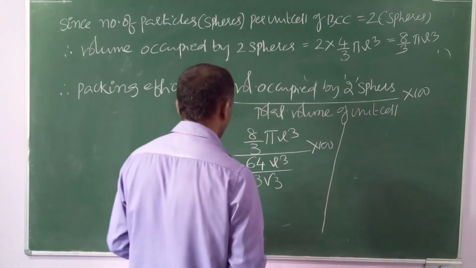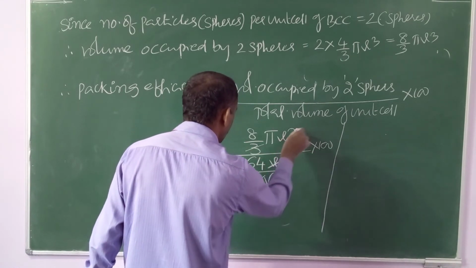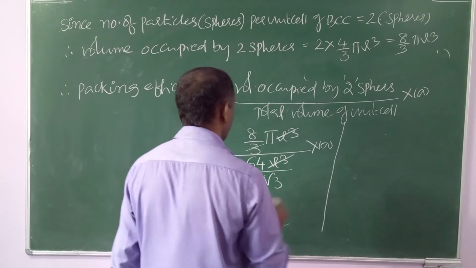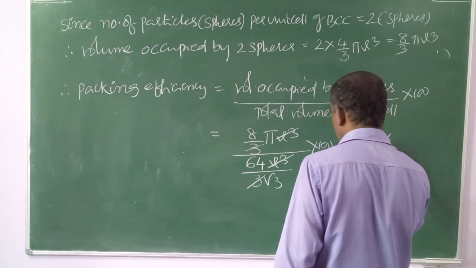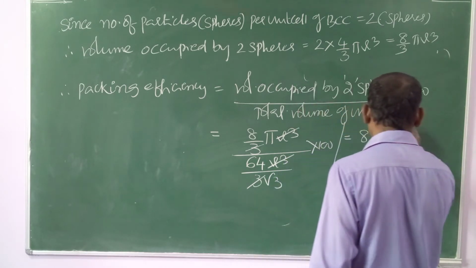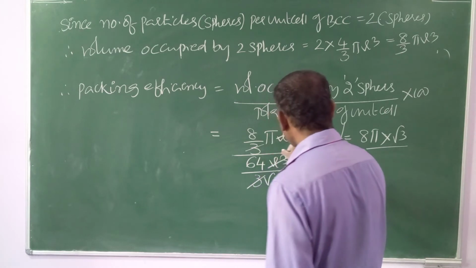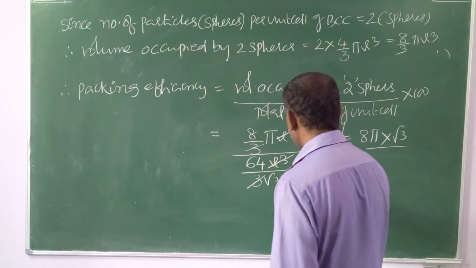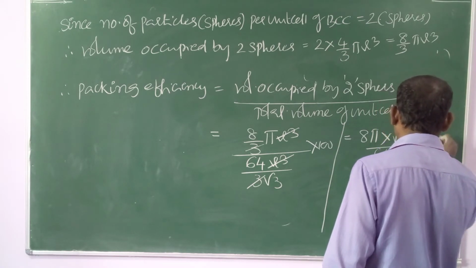Now 3 gets cancelled, r cube also gets cancelled. Therefore that equals 8 pi into root 3 comes to the numerator, by 64, into 100.